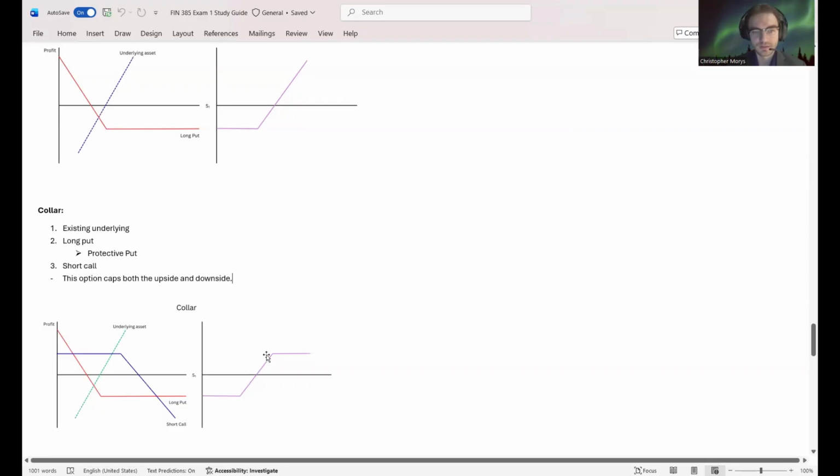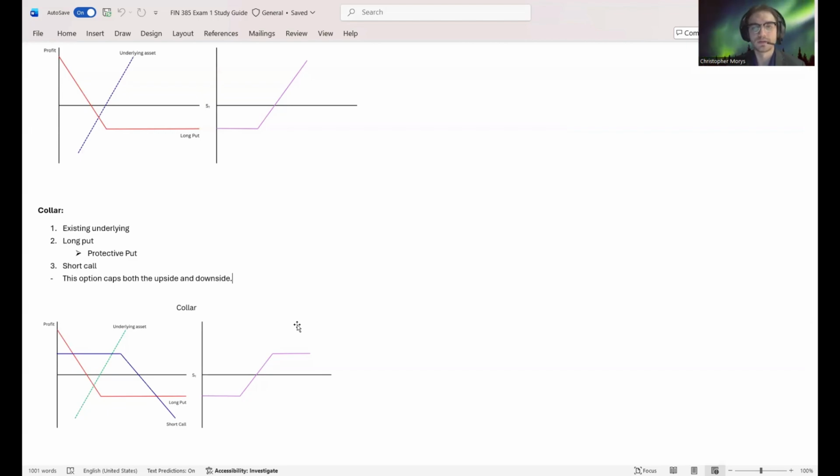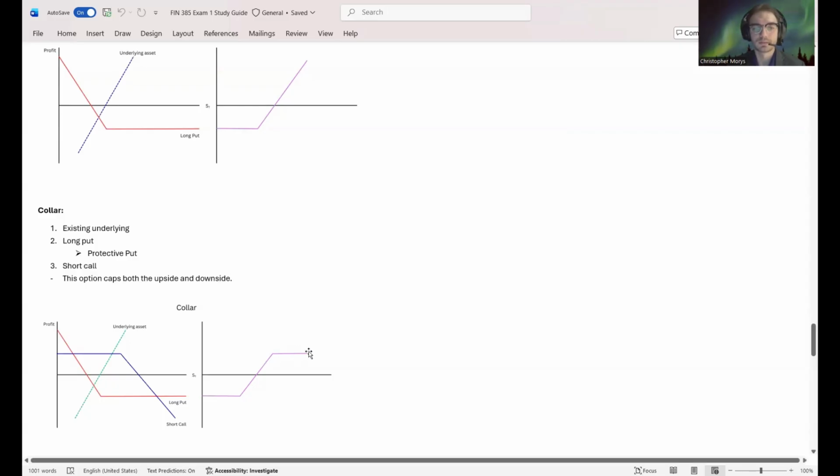In this position, you kind of want to cap your upside because maybe the stock won't drop that far. So you're not extremely bearish, but you're bearish to a point where you want to cap, or define, your profits.